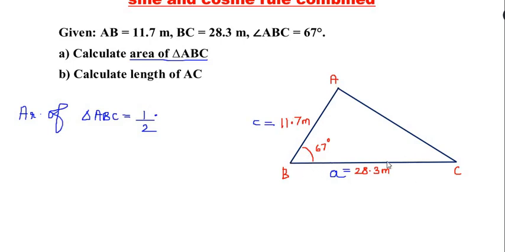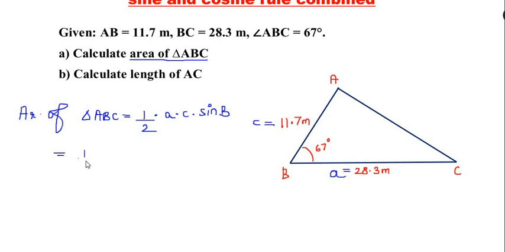So here the sides mentioned are a times c times the angle which is in between these two sides, so it becomes sine of angle B. Remember, to use this formula we always have to have two sides and an included angle between the two sides. Now let us start substituting the values.